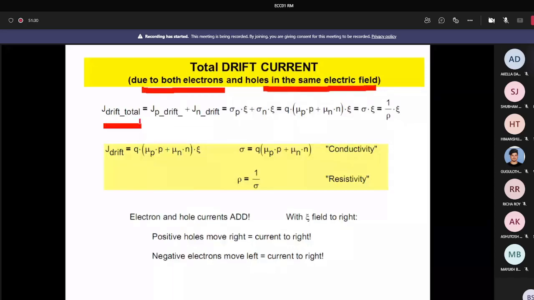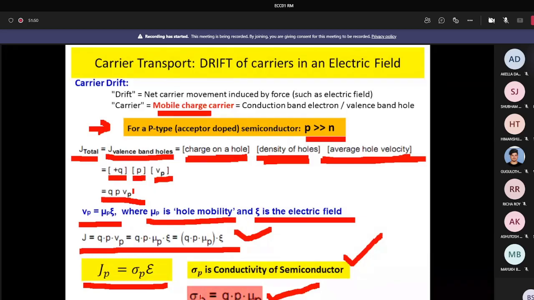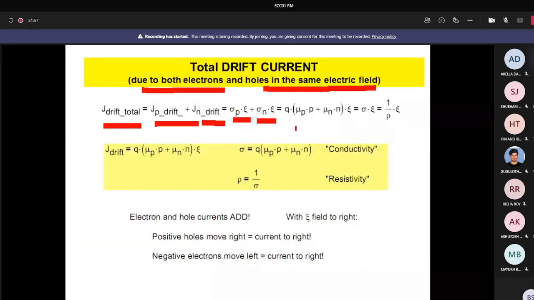So Jp drift, the current density due to the holes, and Jn drift, the current density due to the electrons, can be written as sigma P E and sigma N E, where sigma P is already defined as QP mu P. Q is common, so we can write Q mu P P plus Q mu n N, times the electric field.